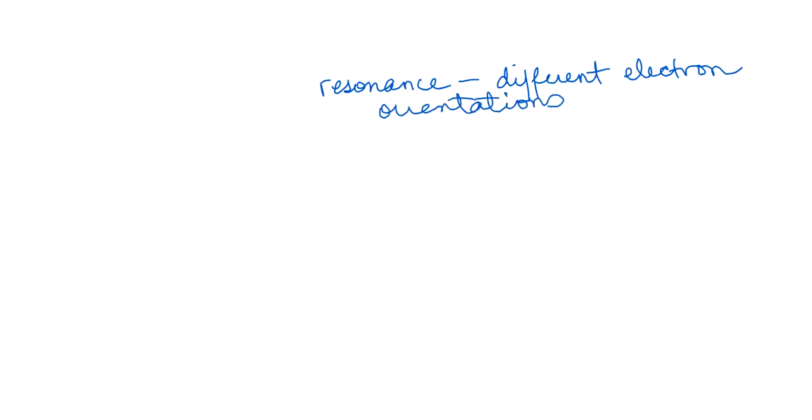So resonance, remember, what we're looking at is different electron positions or orientations. So in other words, let's take our nitrate, for example. We're now going to use different colors for each oxygen.